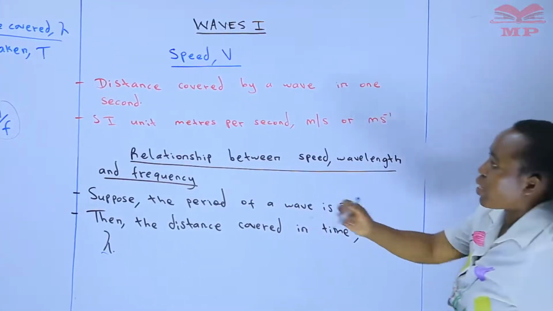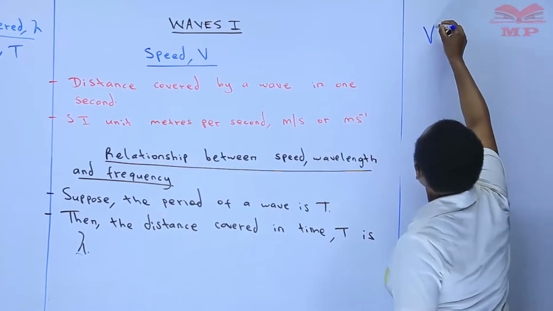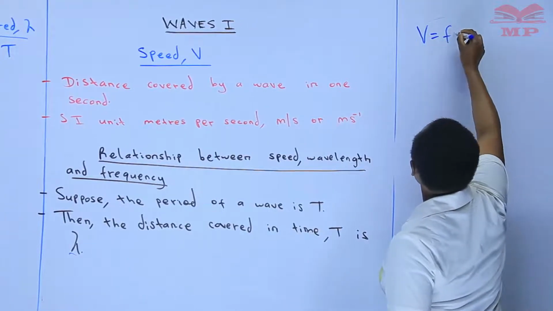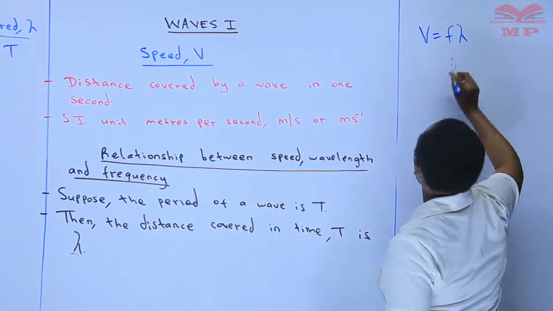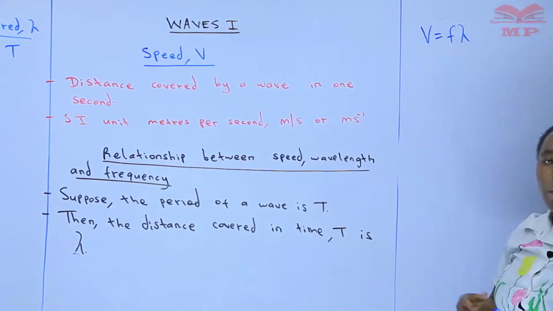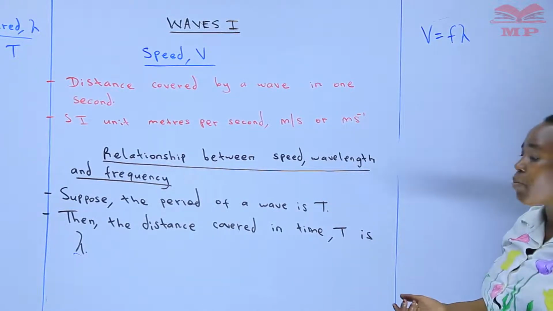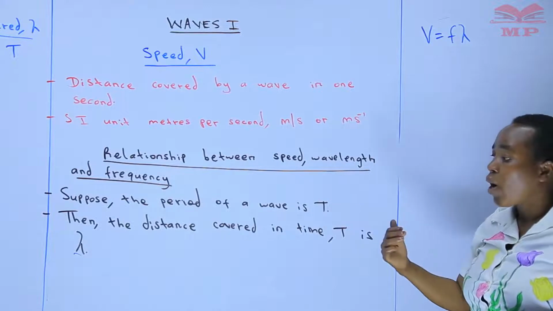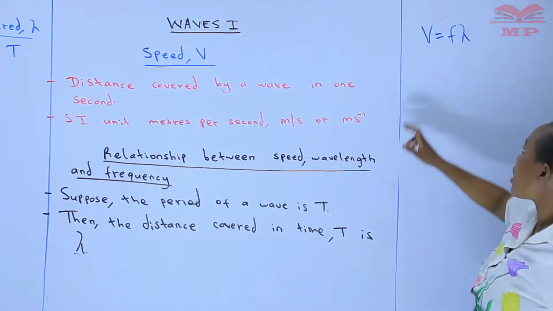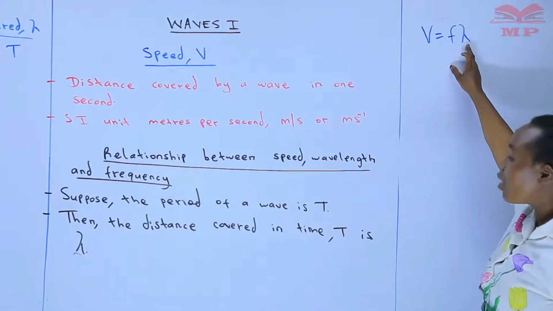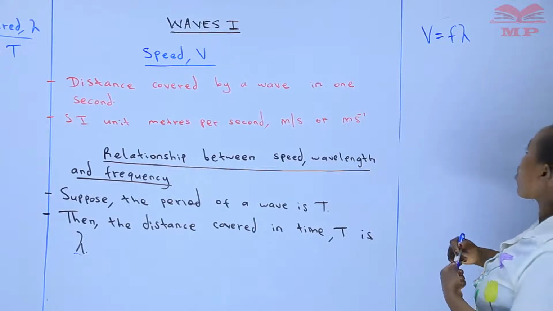From that, we can say that the speed is equal to frequency multiplied by wavelength. Remember, multiplication is commutative, so it doesn't matter whether we talk of 1 times 2 or 2 times 1, it is the same. So we can start with frequency multiplied by the wavelength.